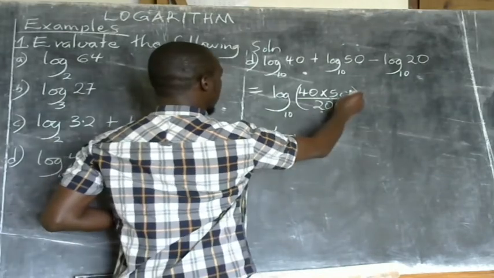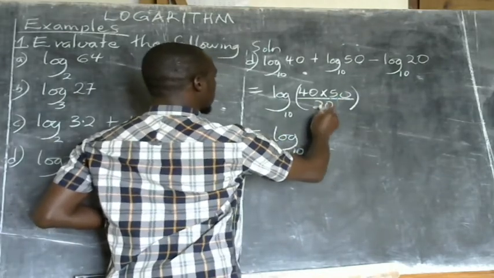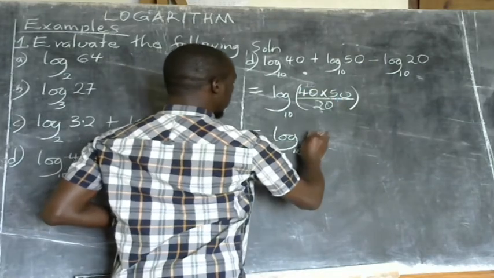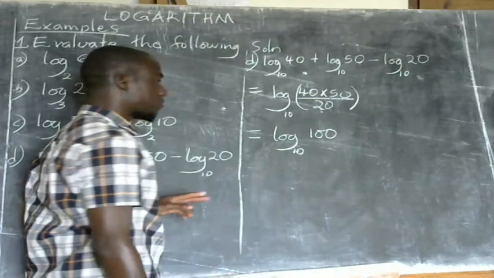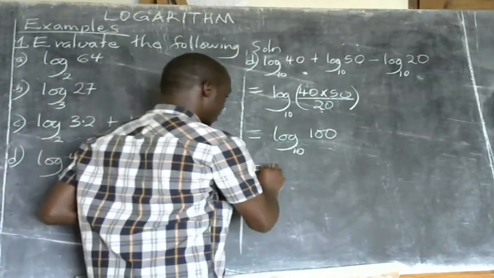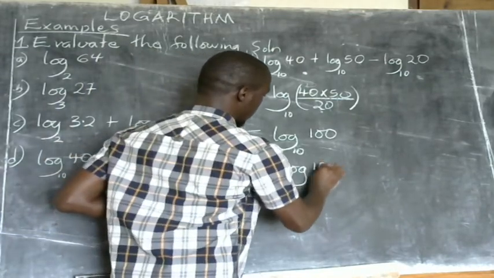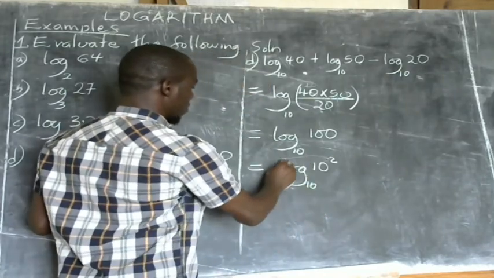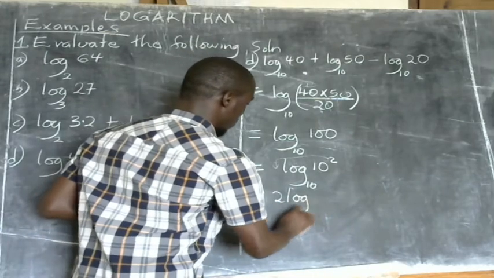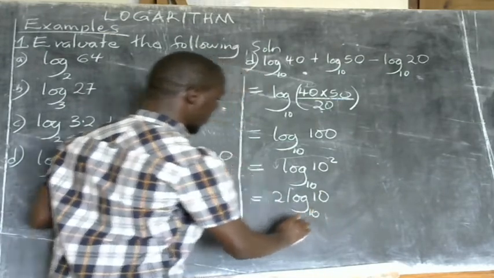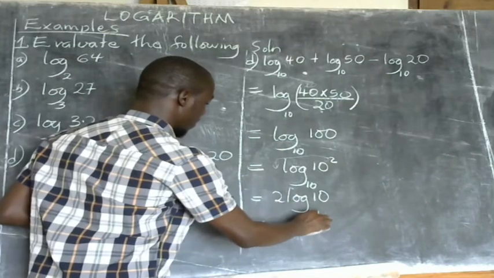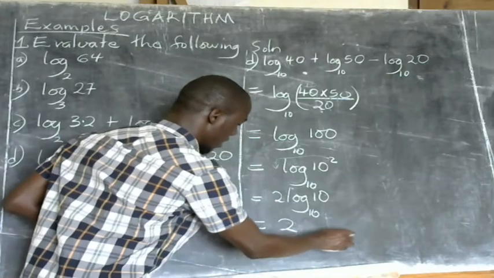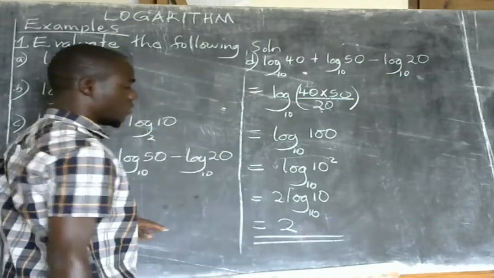So the 0 cancels. The 2 gives me here a 20. 20 times that, I'm getting 100. Then 100 is the same as 10 squared base 10. The 2 is going to somersault here, so that is the 2. Log of 10 base 10. Log of 10 base 10 decomposes to a 1. 1 times 2, I get the answer as a 2.